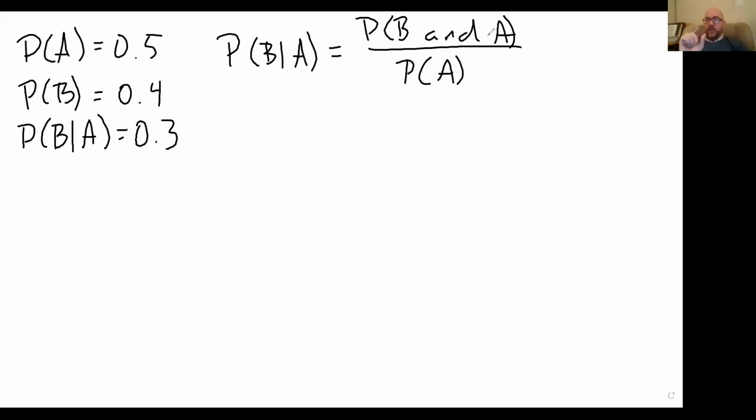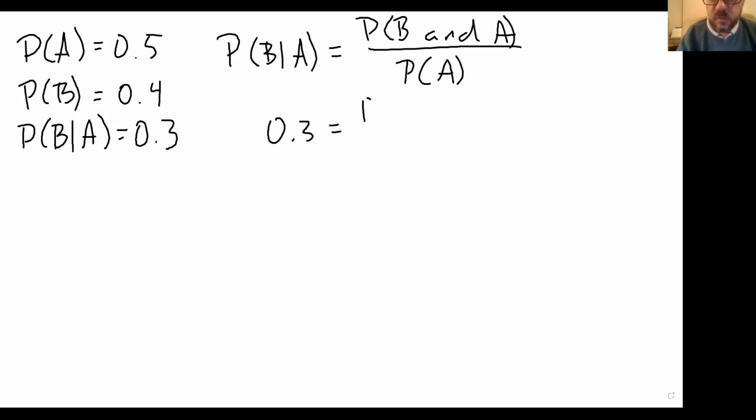A and B and B and A are the same exact thing. There's no difference between the two. It does not matter what order you write and or in, but it does matter what order you write the conditional stuff in. So you can think of this as probability of A and B if you would like, or probability of B and A. It is exactly the same thing. So this says probability of B and A, or B given A, we know is 0.3.